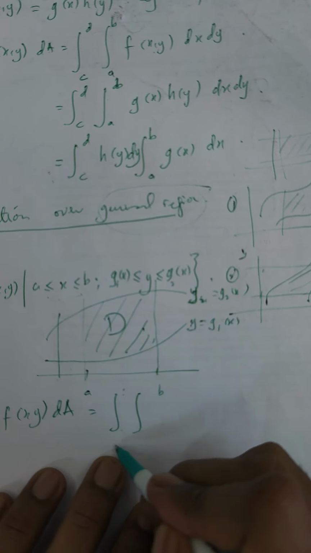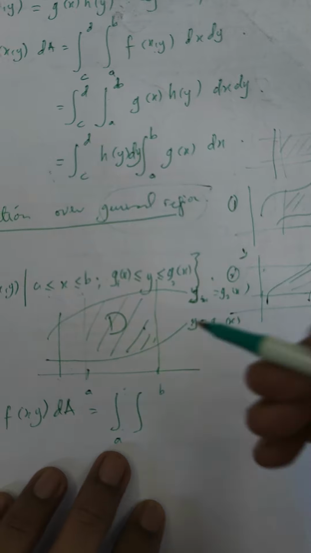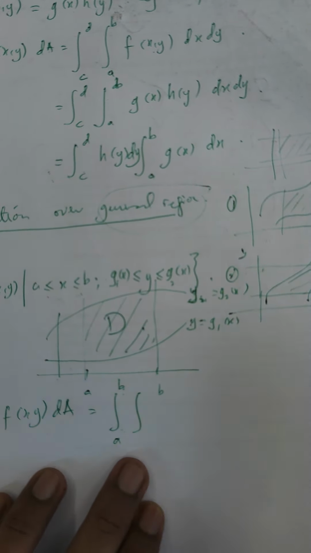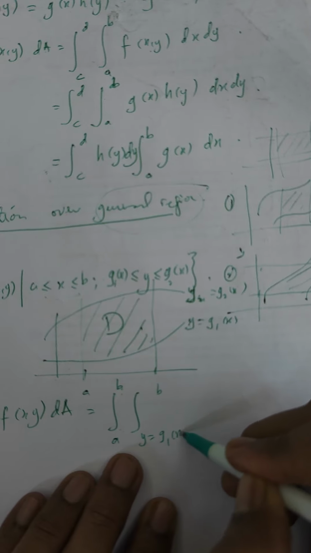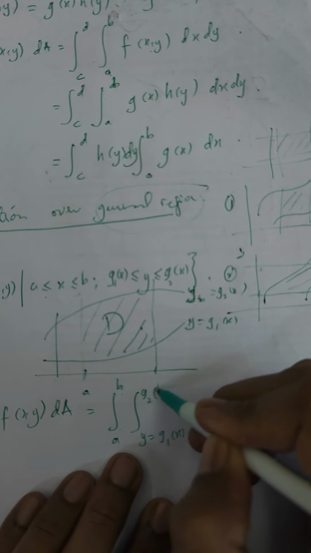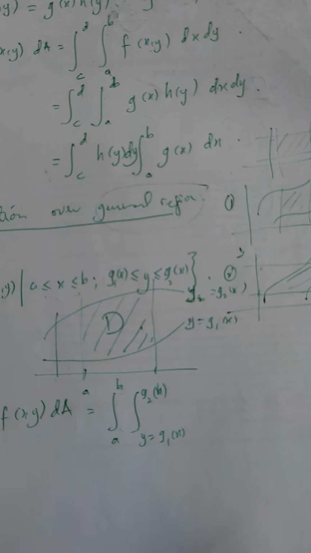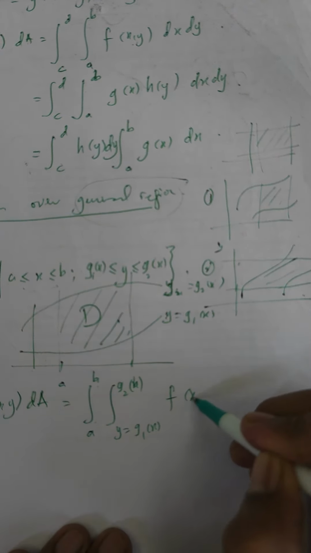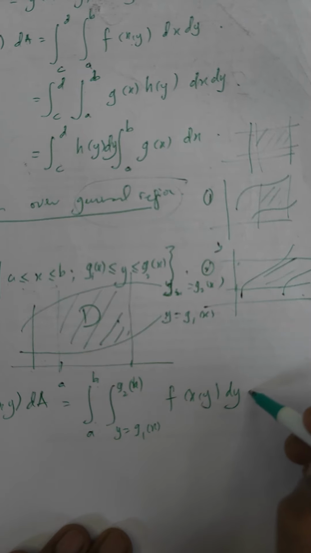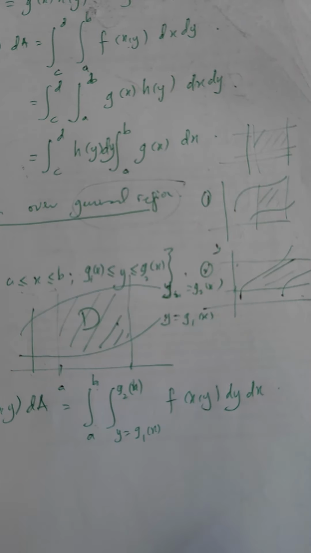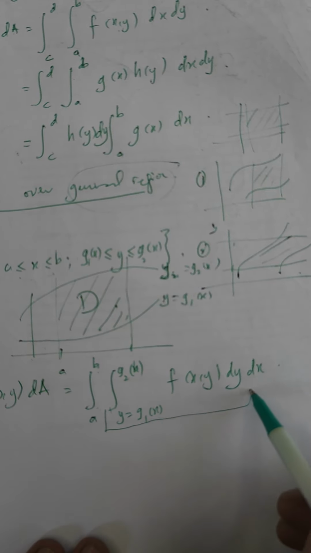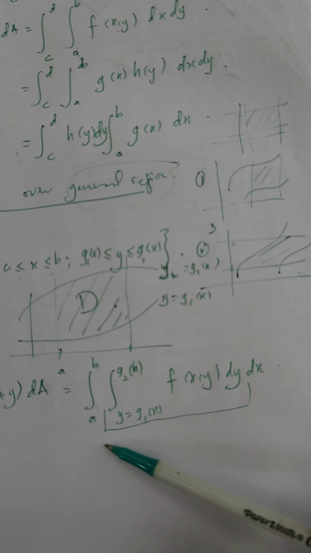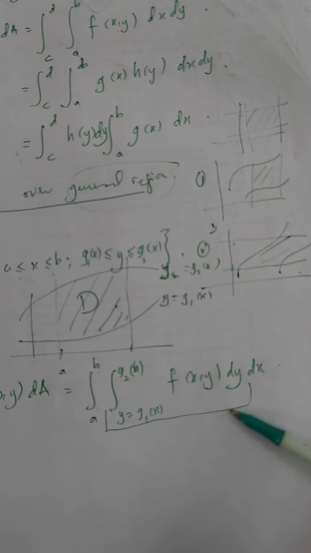So we need to evaluate x for the outer integral, and for the inner integral, you have y from g1(x) to g2(x), f(x,y) dy dx. When we integrate the inner integral here, what is left is a function of x.